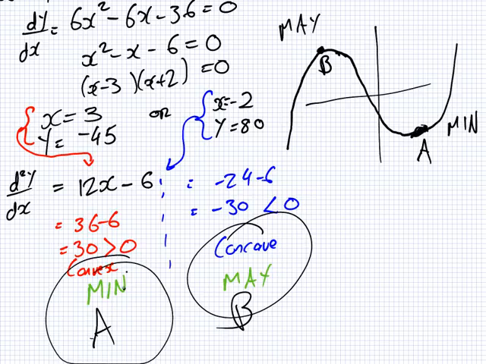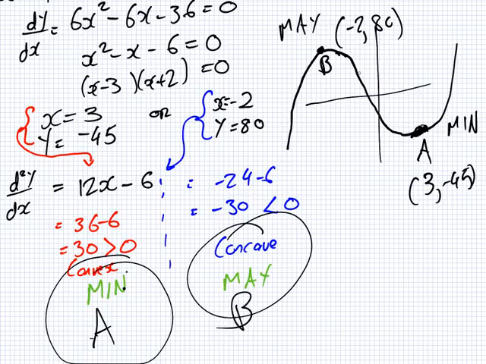So the min is 3 and minus 45, and this one is the max, which is minus 2 and 80. But you know that this is the shape of the cubic anyway. It goes concave and then convex.